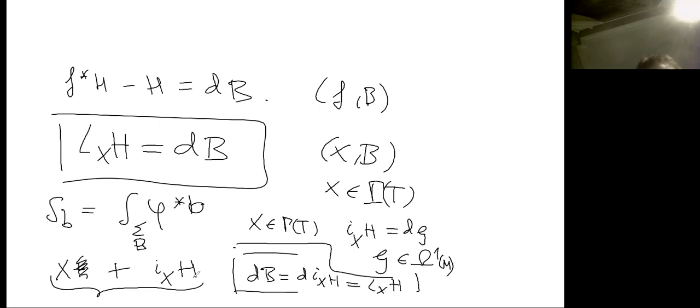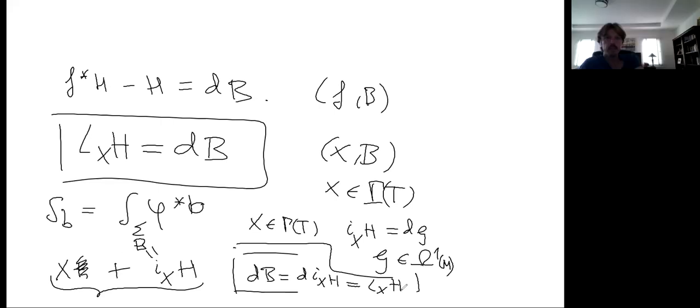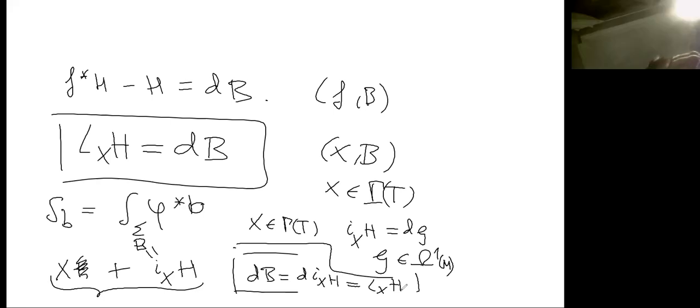So X plus i_X H gives you an infinitesimal symmetry of the Courant algebroid, because if you call this B, then d of B is L_X of H. Is that 0? But it is still 0, right?